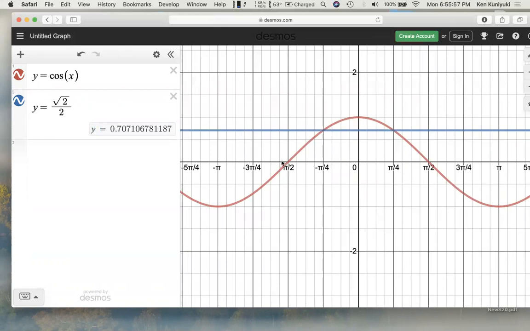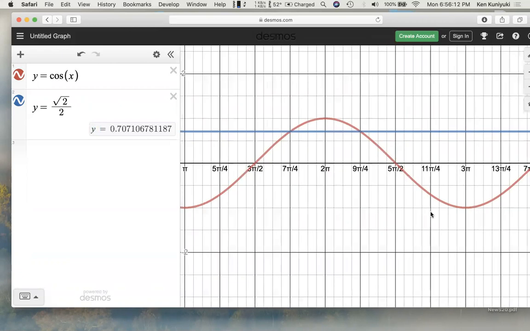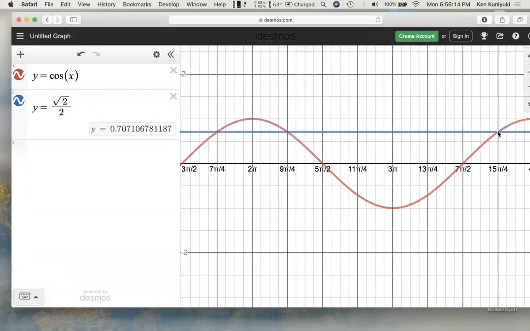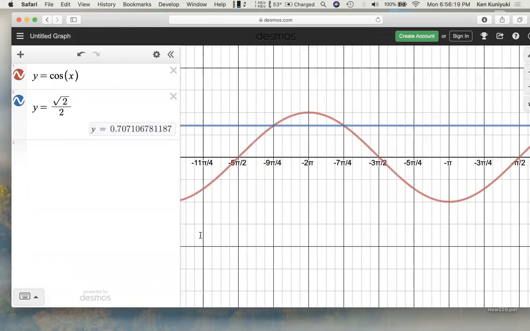What about on the upswing? When this graph is going up, we had negative pi over 4, comma root 2 over 2. Also, remember, 7 pi over 4, comma root 2 over 2. That's if you add 2 pi to negative pi over 4. If you add another 2 pi, you get 15 pi over 4 over here. Or you could go to the left.